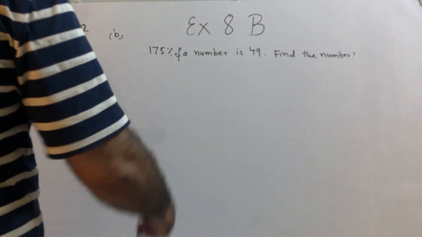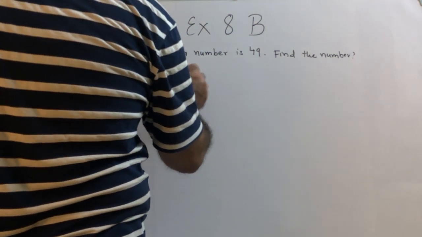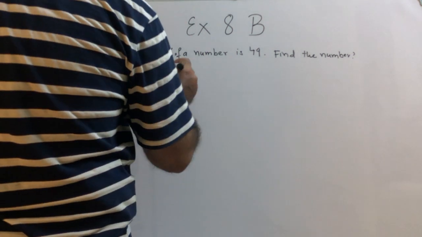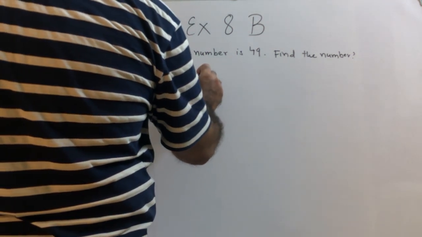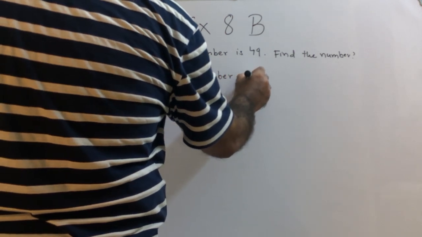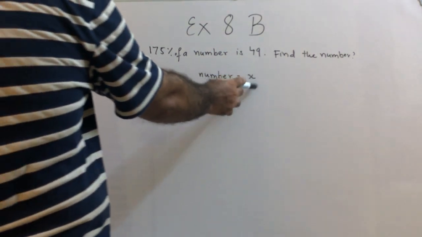We don't know which number they are talking about, so we'll say suppose or let. These are the same. The meaning of let and the meaning of suppose are the same. Let the number be x. We don't know the number. We need to find this number.